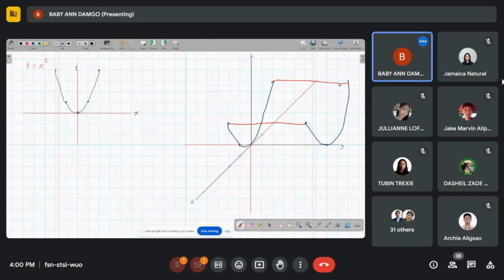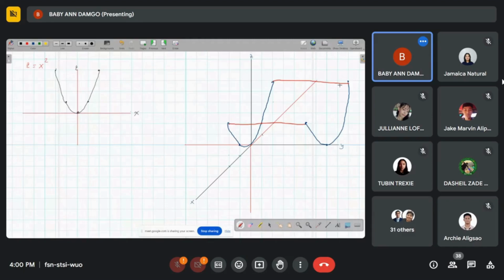Okay, so if we create a YZ coordinate, okay. So here, this is our Y, and then we have our Z.